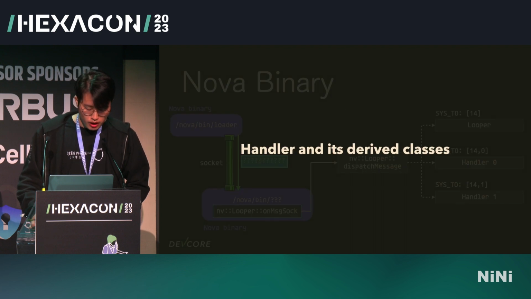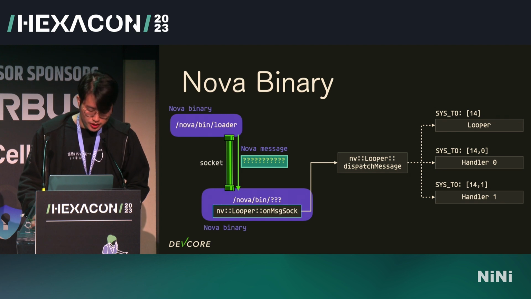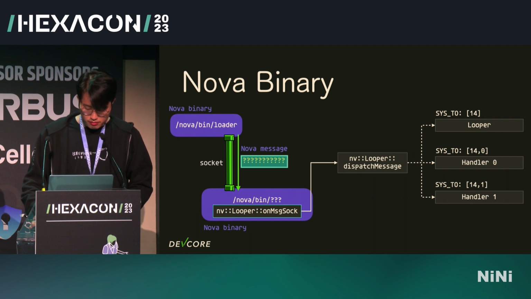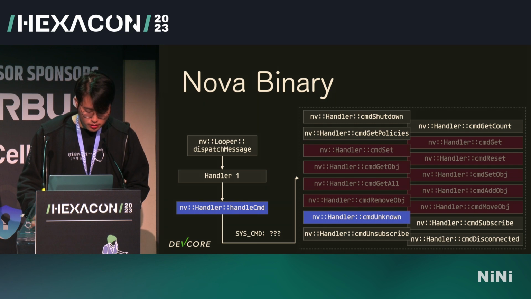And so how does the handler work? While the looper receives a Nova message, it will dispatch it to the corresponding handler. Look at the right-hand side, the sys2. So if there is no handle number in the sys2, the looper itself will handle that. But if there is some handle number, like if it's 0, the handle 0 will handle this message. And let's assume the handle 1 is responsible for the Nova message.